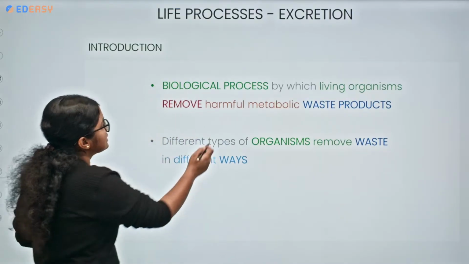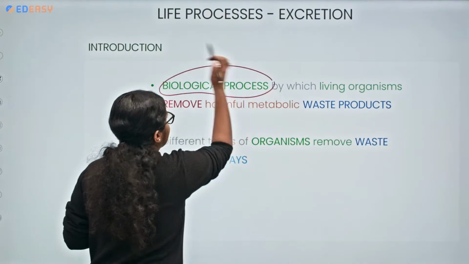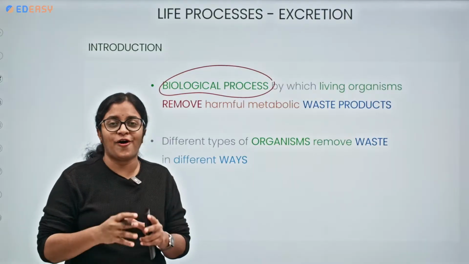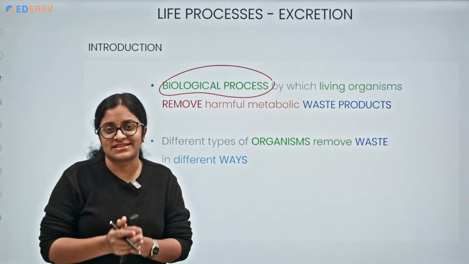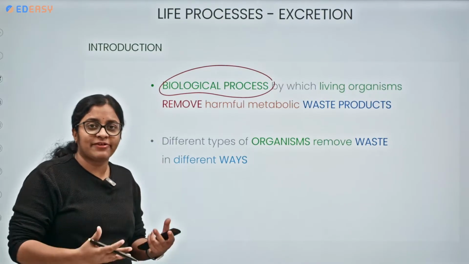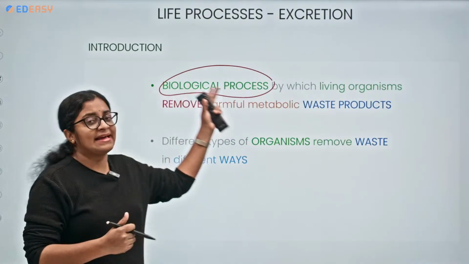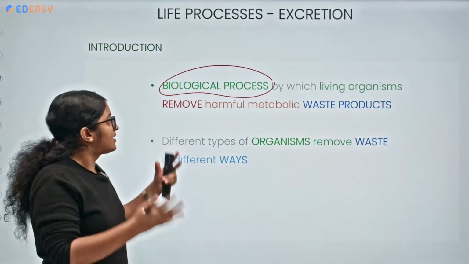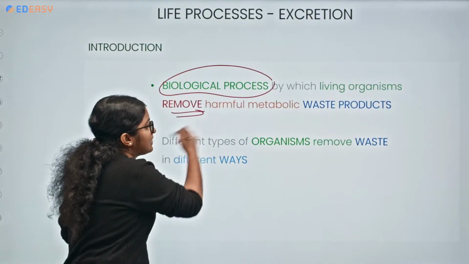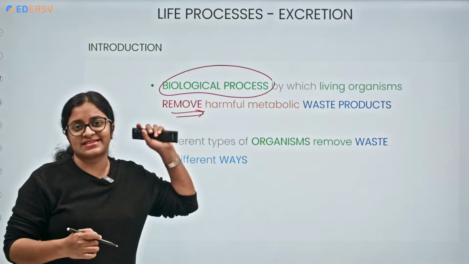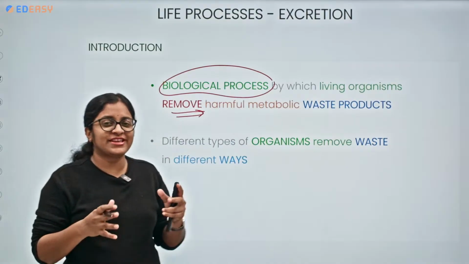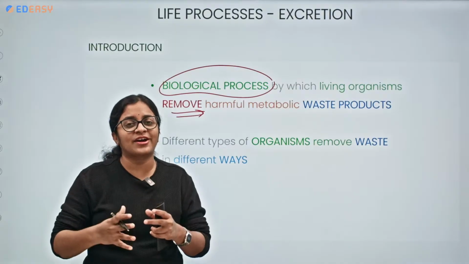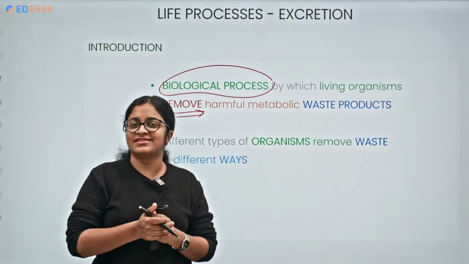What does this biological process do? It helps in the elimination or removal of various waste substances. So how can we define excretion? It is a biological process by which living organisms remove harmful metabolic waste products. Okay, so do you think the process of excretion will be similar in all living organisms? Is that so?